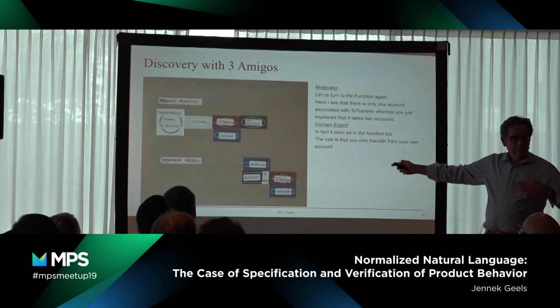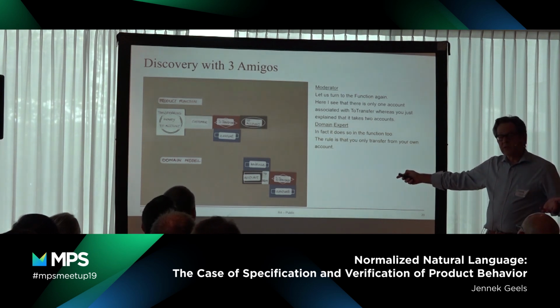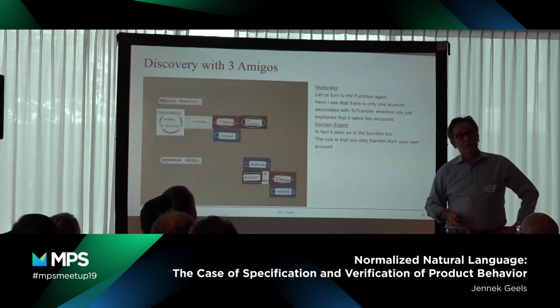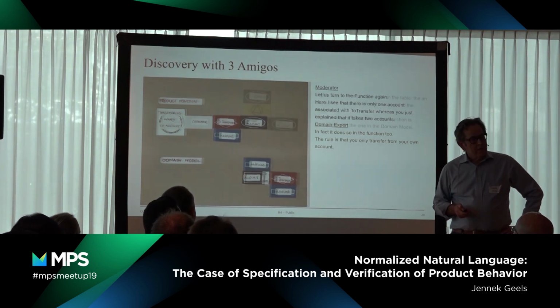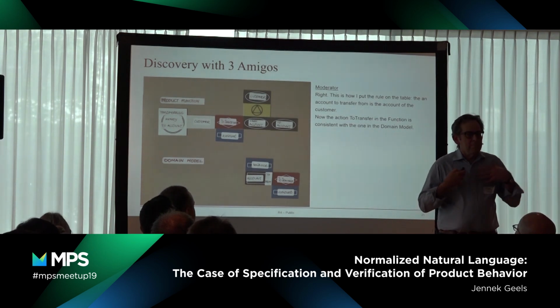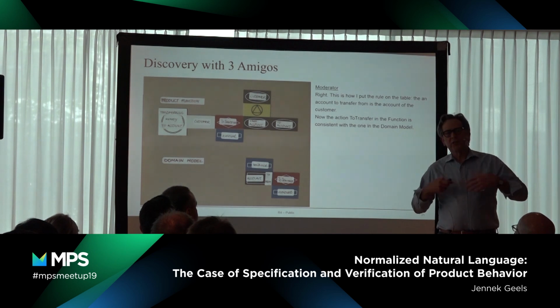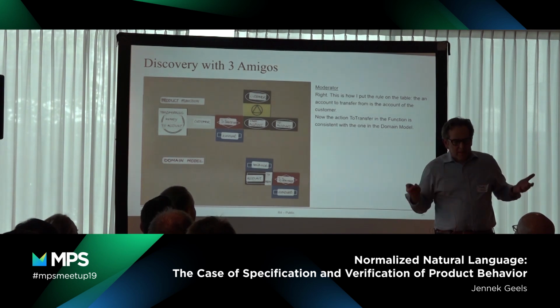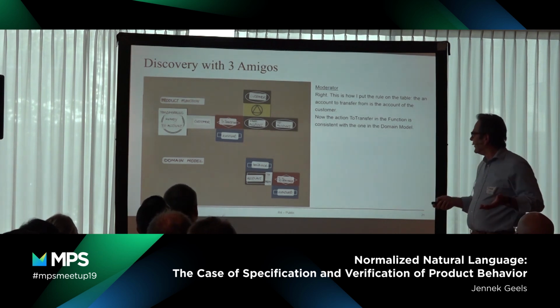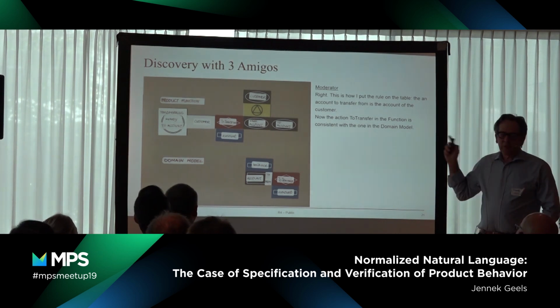on the domain model side, on the language side, we say there are two accounts involved, but in your scenario you have only one. Well, domain experts say that's because there's a rule. I can only transfer from my account to somebody else. I wish it were different. That's not a rule. So let's put it in there.